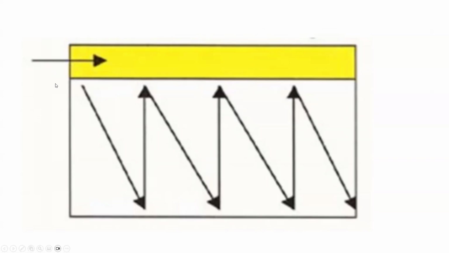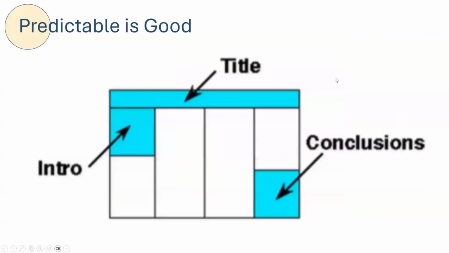When you are creating a poster, predictable is good. There are times when you want to break the mold, try something new or different, take a different approach. In posters, you don't want to do that, because people appreciate something that is predictable, that's familiar. They want to know that the title is up here and the intro is here and the conclusion is down in the corner there.